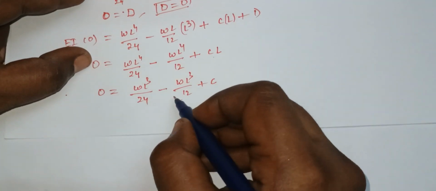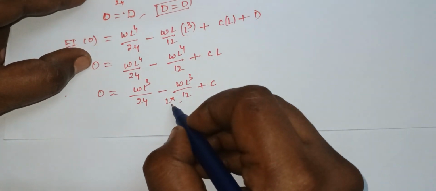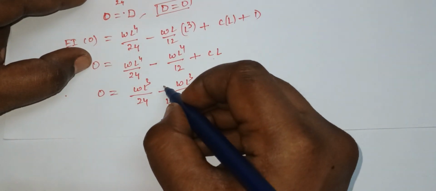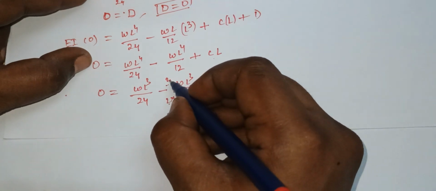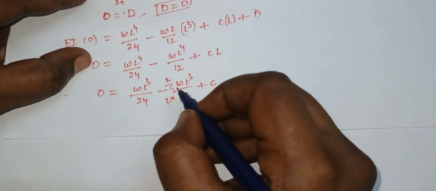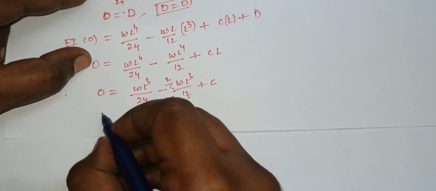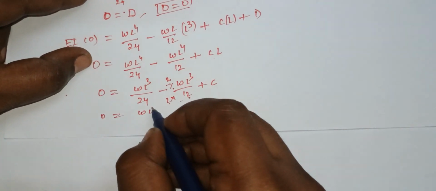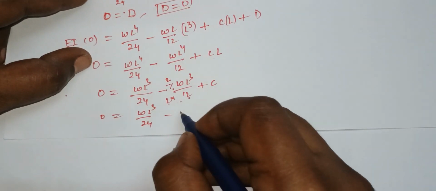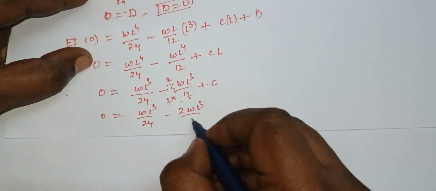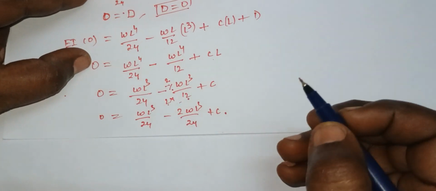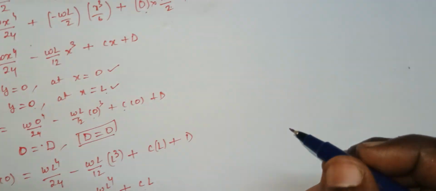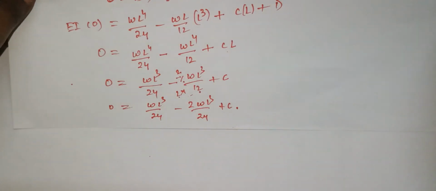What we can do is multiply by 2. So 12 into 2 is 24, and we multiply by 2 and divide by 2. So what we get is 0 is equal to WL cube by 24 minus 2 into WL cube by 24 plus C. Okay, I'll write it over here.